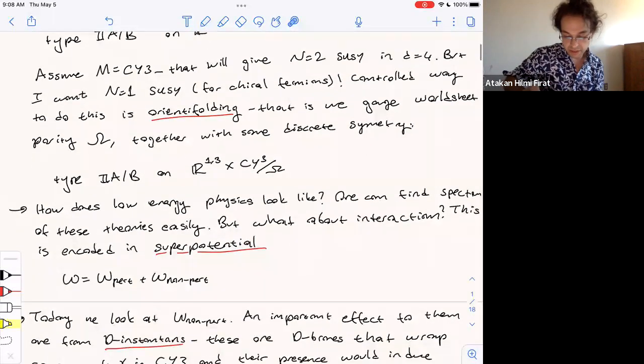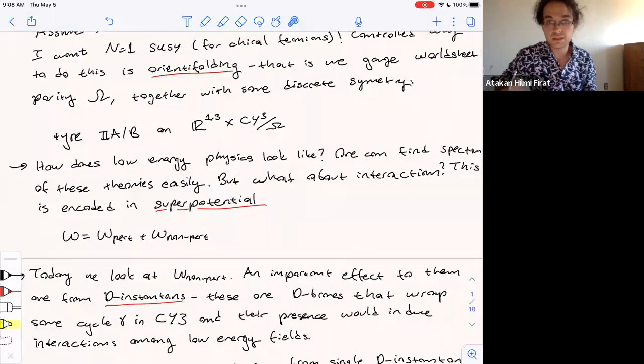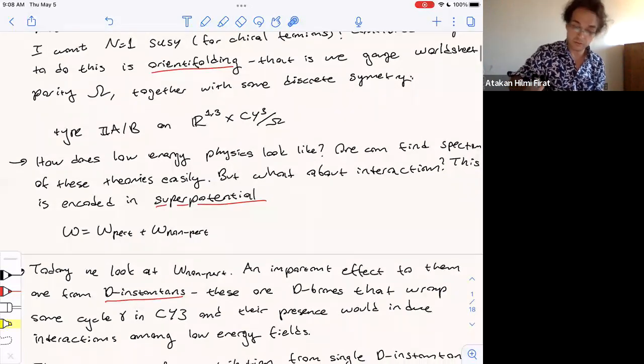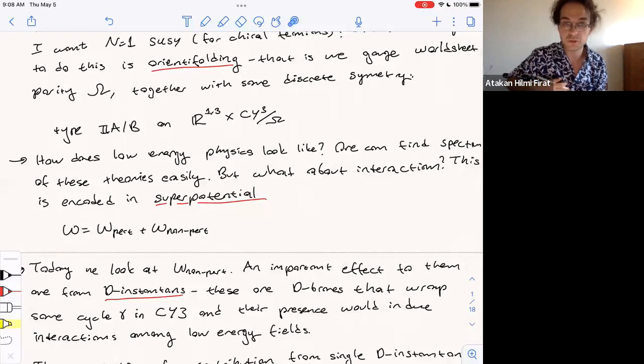So the question we can ask is: how does the low energy physics in 4 dimensions look? We can find the spectrum using the usual Laplacian, and we should be able to compute interactions, including the scalar potential.